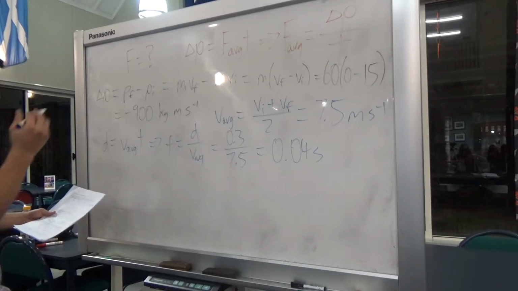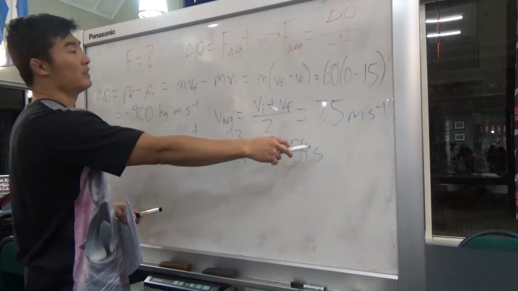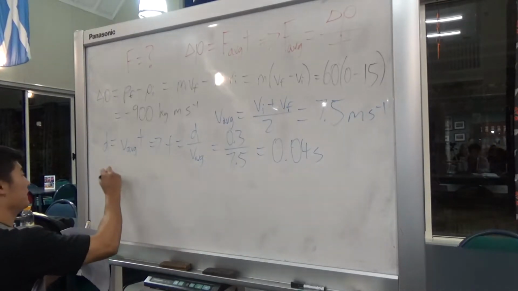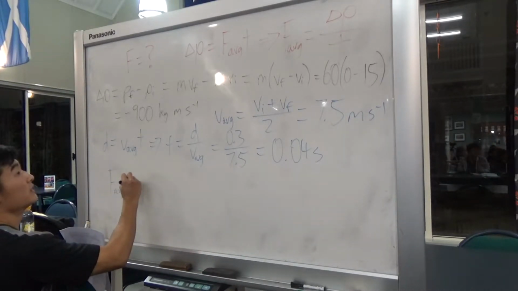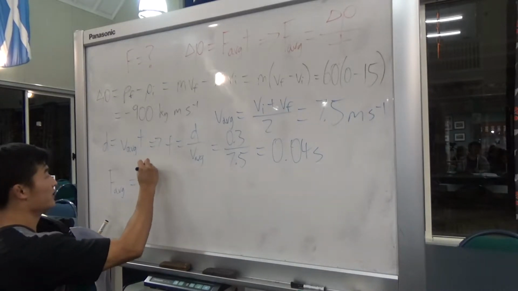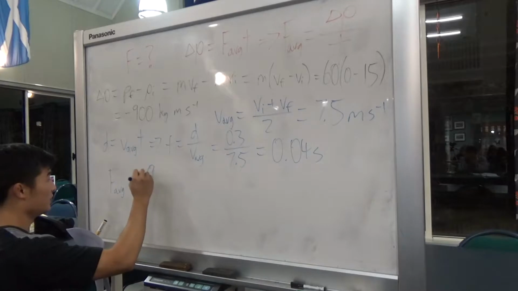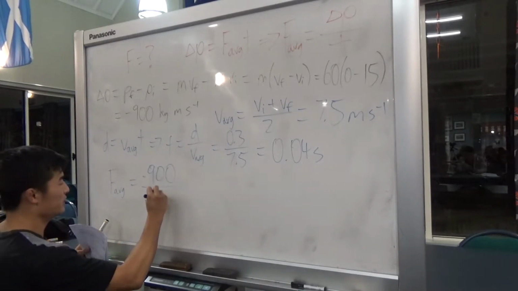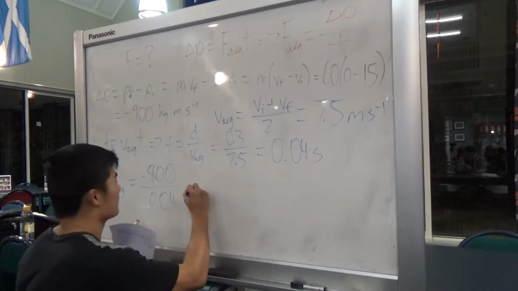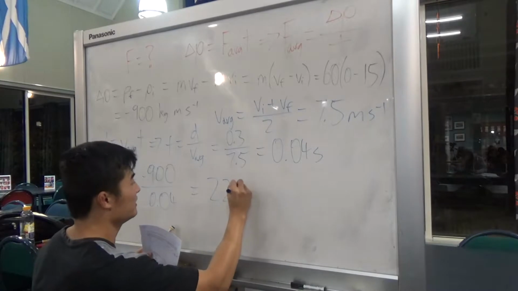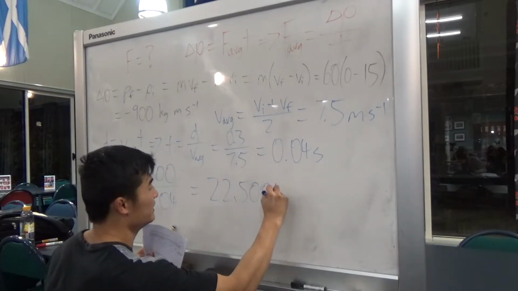So then you've got your time and you've got your change in momentum. So average force is equal to the change in momentum, which is negative 900, divided by the time, which is 0.04. And the average force will be 22,500 newtons.